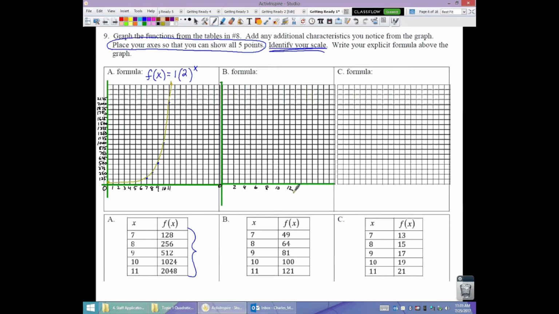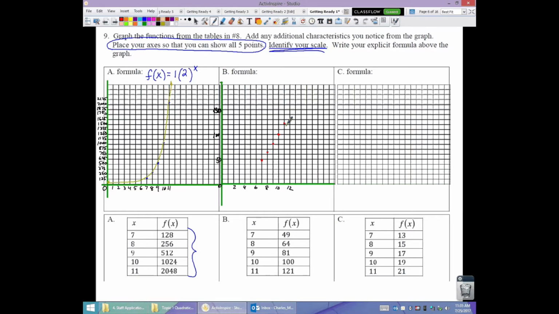The y scale, I said I was going to use tens. 7, 49, 8, 64, 9, 81, 10, 100, and 11, 121.